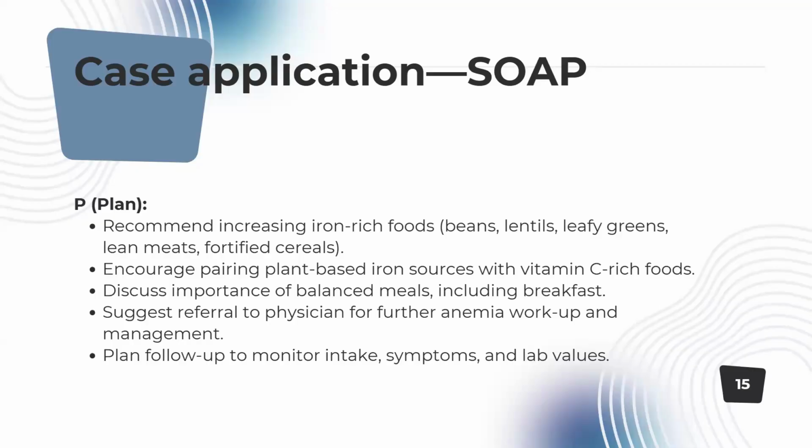Those leafy greens, lean meats, and fortified cereals. Encourage pairing plant-based iron sources with vitamin C-rich foods as well, because vitamin C can enhance the iron absorption from these foods. You want to discuss the importance of balanced meals, including breakfast. And you want to suggest a referral to a physician for further anemia workup and management.